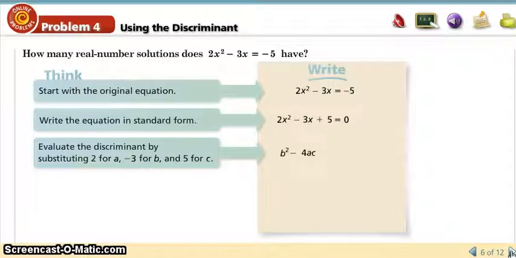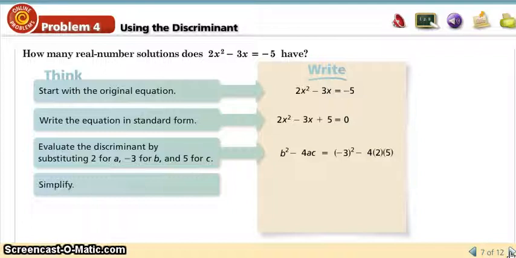Find the discriminant, b squared minus 4 times a times c. So -3 is B, so plug that in for B. 2 is A. 5 is C. So just substitute using parentheses for your values.